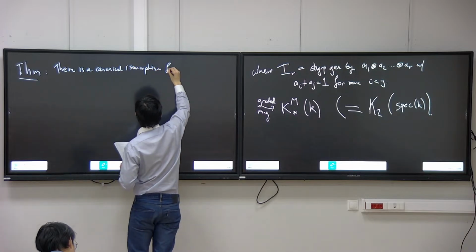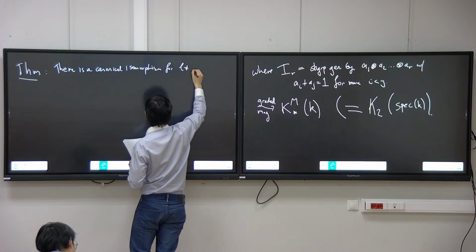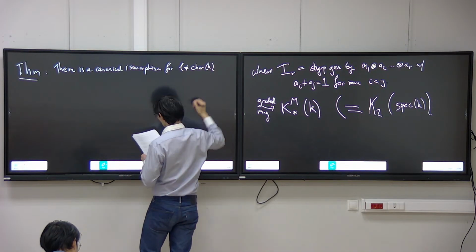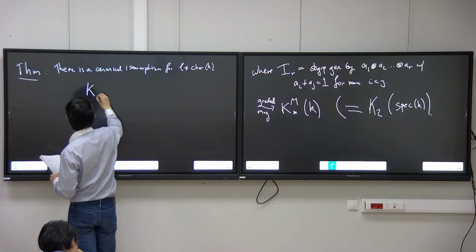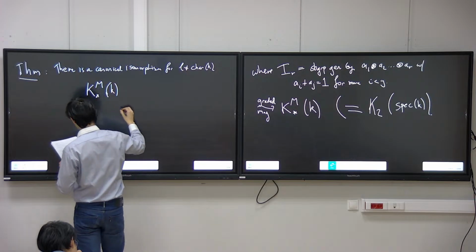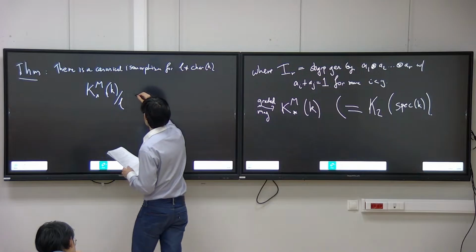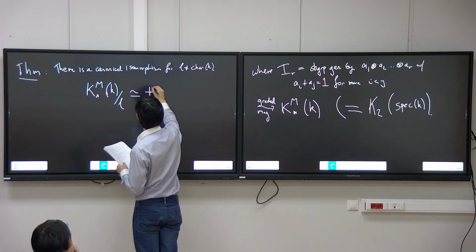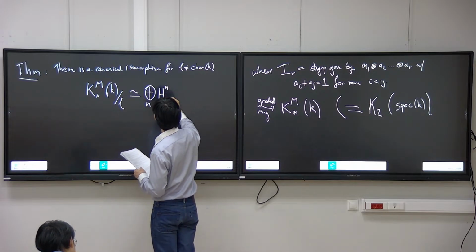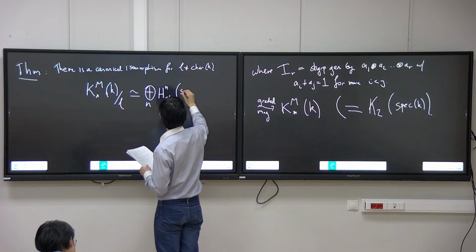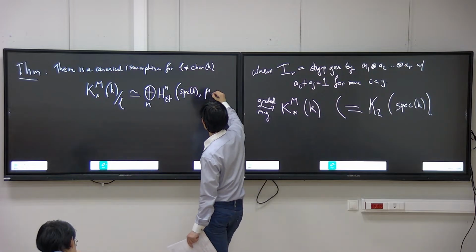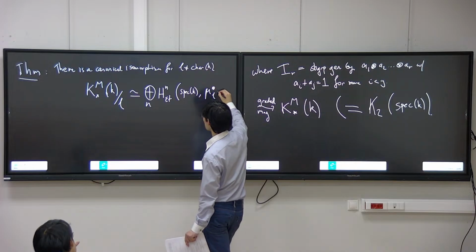Isomorphism for any L not equal to the characteristic of K, where we take this graded ring of Milnor's K groups and quotient out by L, and this should be the same as the graded Étale ring, or Étale cohomology across n of H^n Étale of Spec of K. And for the sheaf, we take the sheaf of Lth roots of unity and tensor that n times.